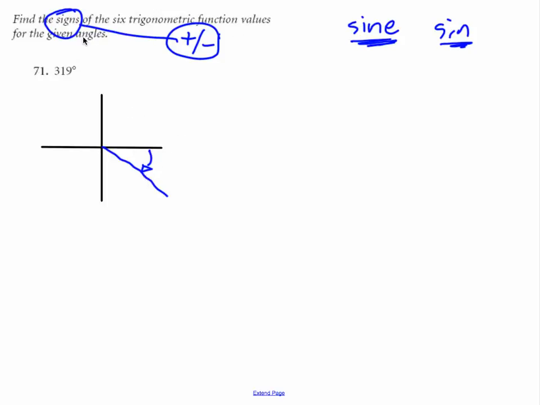So for all those six trig functions, I could do sine, and its reciprocal would be cosecant, cos, its reciprocal, and tan, and its reciprocal, cotan. So down here, if I'm looking at sine, it's below the x-axis here, so the value of y is negative, therefore sine's negative.